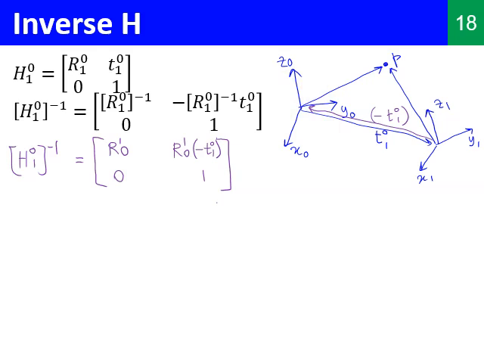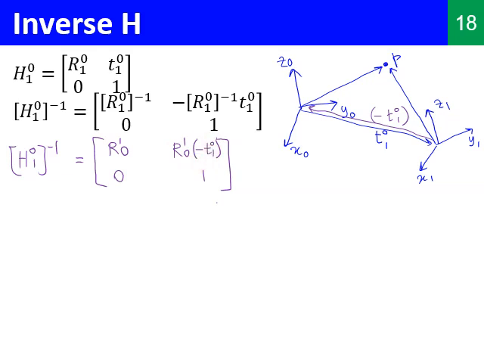Now you can see there is a rotation matrix R10 in front of them. So what would that do to this vector? Yes. This vector which was expressed in 0th frame can now be expressed in frame number 1 using this rotation matrix. So what will be the resultant of this?